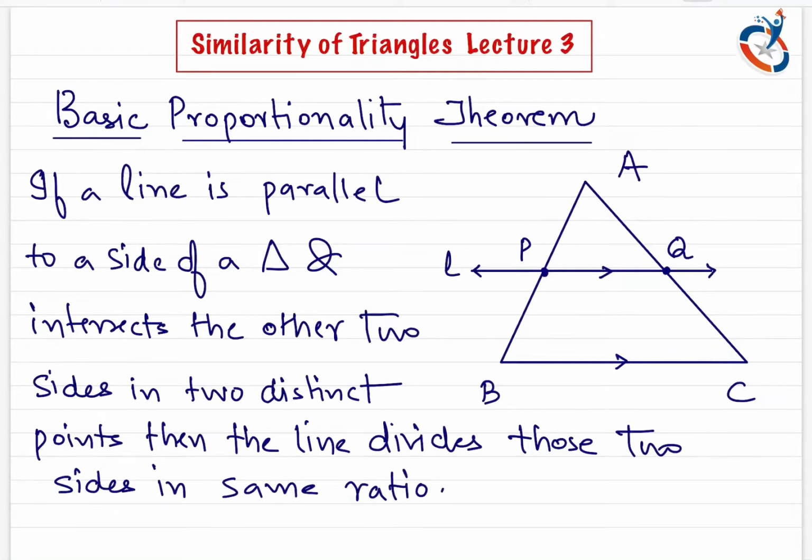So if line PQ is parallel to BC, then AP upon PB will be equal to AQ upon QC.